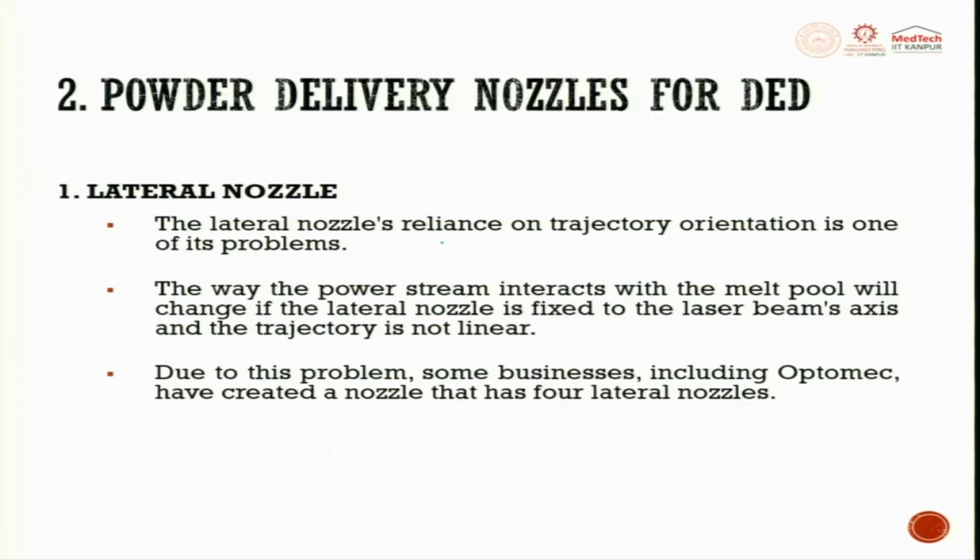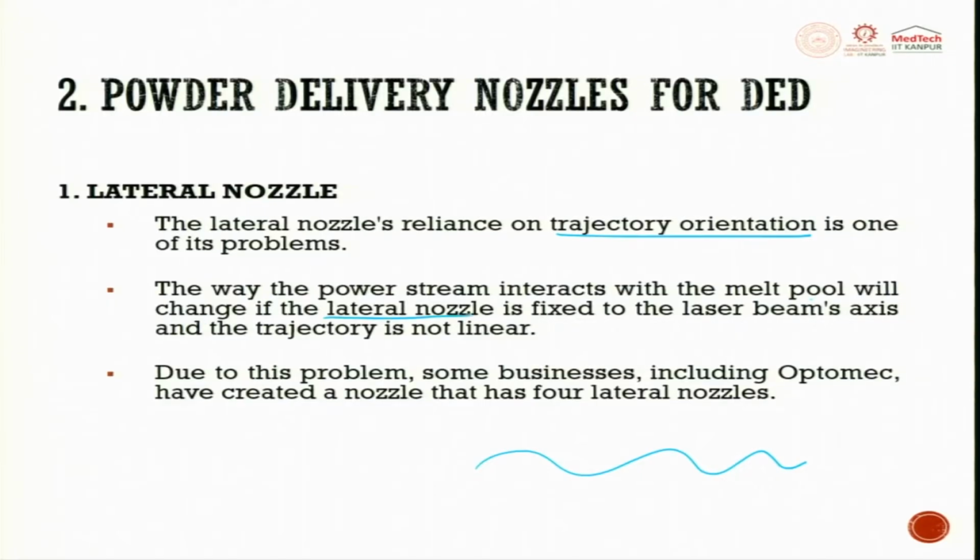The lateral nozzle's reliance on trajectory orientation is one of the problems. The way the powder stream interacts with the melt pool will change if the lateral nozzle is fixed to the laser beam axis and the trajectory is not linear. When you have untoward surfaces like this, the way the powder stream interacts with the melt pool will change.